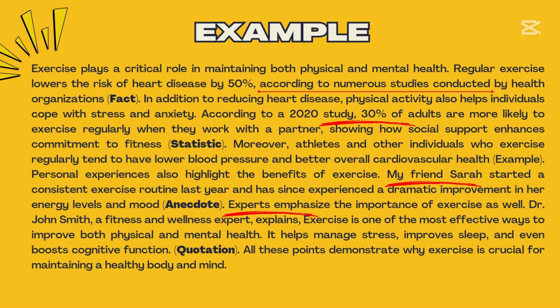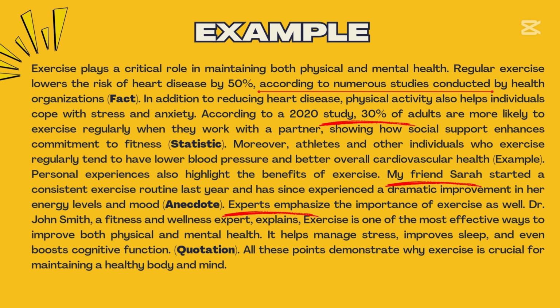So, this sentence is the type of fact supporting detail, because as you can see here, they use a number like 50%, and also they use according to numerous studies conducted by health organizations. So this is called fact because it already has the data.